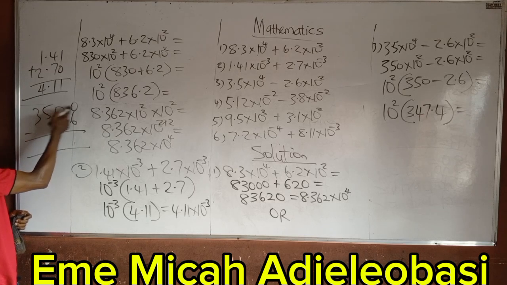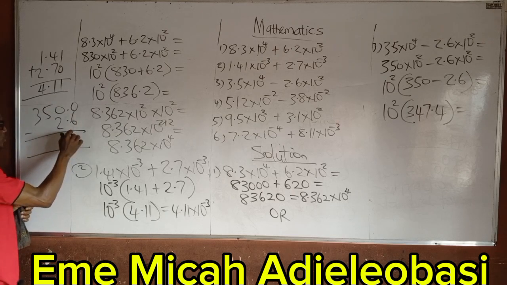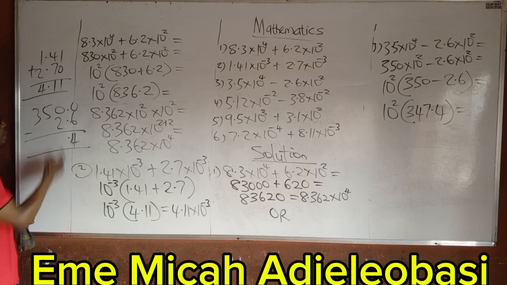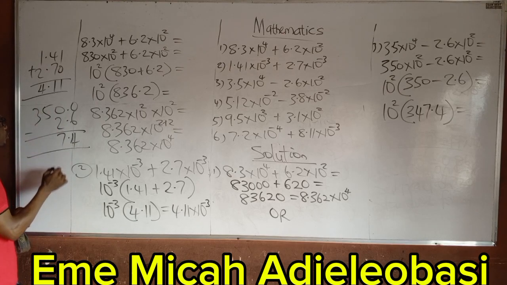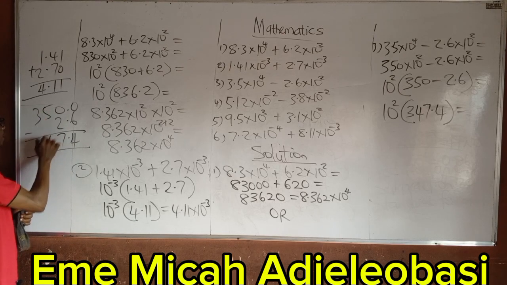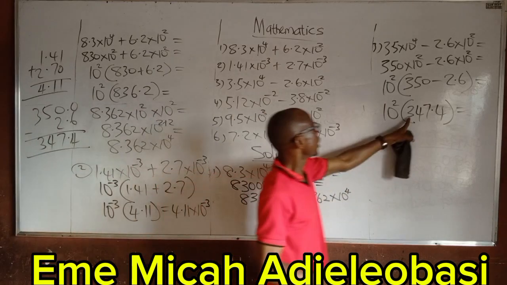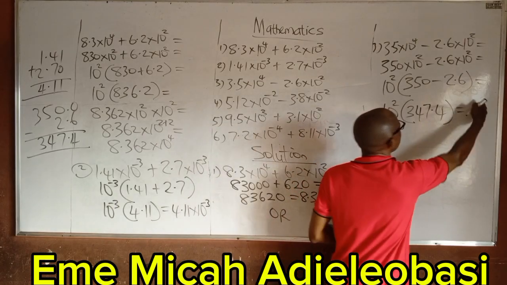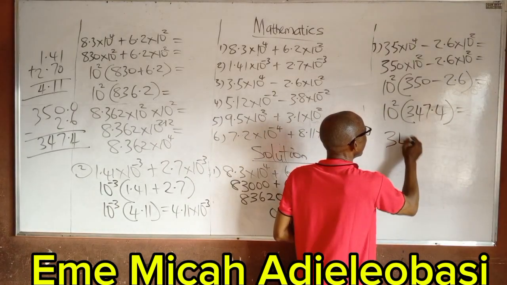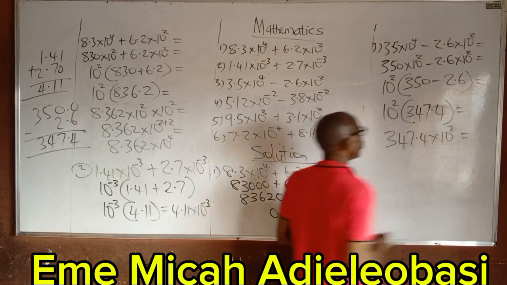Borrow 1 from the 10, so this 0 becomes 10. 10 minus 6 gives us 4. Our decimal. What is left here is 9. 9 minus 2 gives you 7. What we have left here is 4 and 3. That is how we got this value, 347.4. So our answer now becomes 347.4 times 10 raised to the power 2.